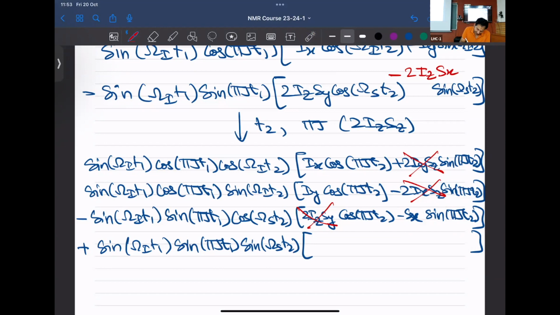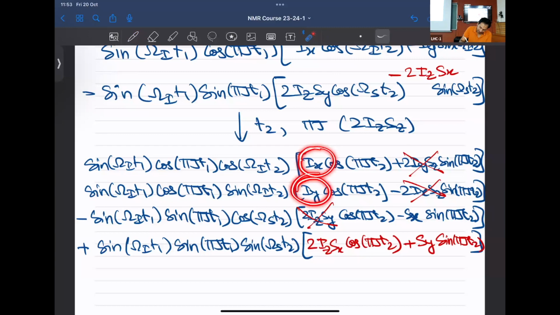Okay, so this is going to be minus, will be plus 2Iz cos pi J t2 plus Sy sin pi J t2. Now life is okay. You have an x component, y component, you have an x component, y component, and plus x plus y plus x plus y. So things are okay. They're quite symmetric.